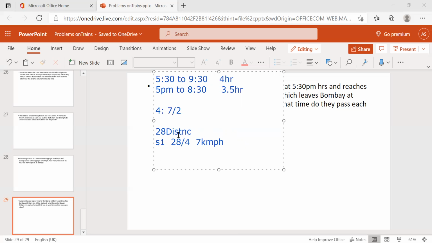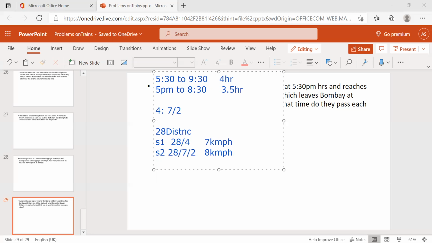Train 2's speed is 28 divided by 3.5, which is 28 by 7/2, so 7 fours into 2, which is 8 kilometers per hour. So train 1 moves at 7 km/h and train 2 at 8 km/h.